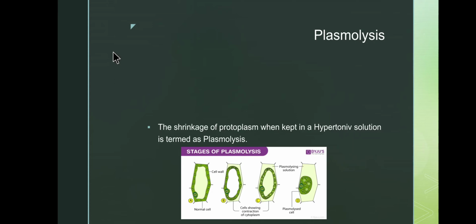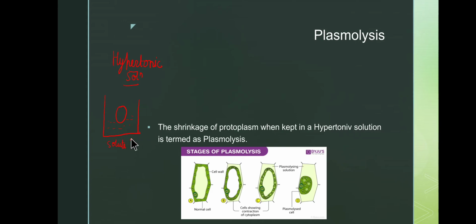Now, when the cell is kept in hypertonic solution, what do we understand by hypertonic solution? For example, this is a hypertonic solution and the cell is kept inside it. Hypertonic solution means the solute is more. Solute could be anything. It could be sugar, it could be salt, it could be anything.